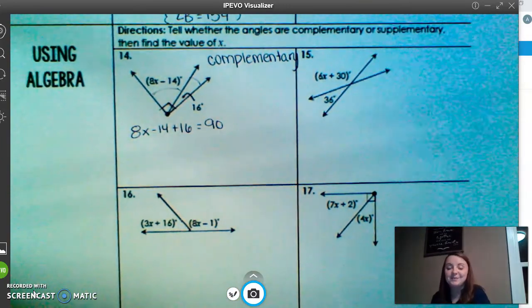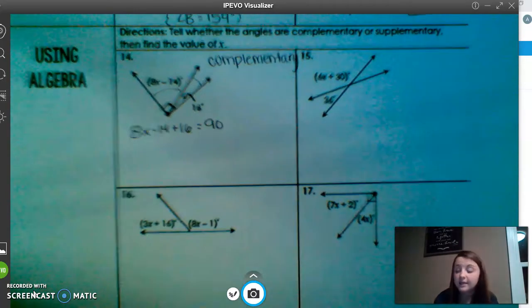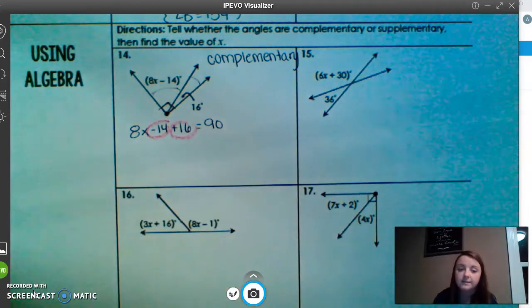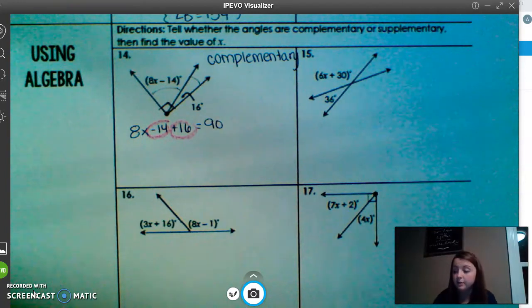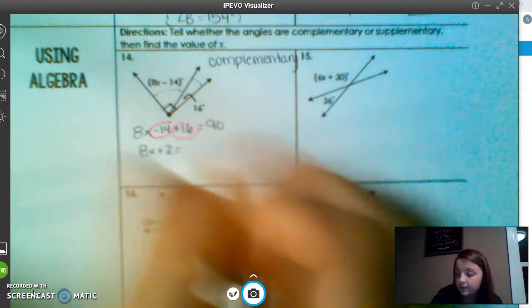This is a multi-step equation. The reason it's multi-step is because on the same side of the equal sign, I have like terms, negative 14 and positive 16. Negative 14 plus 16 is positive 2, so I have to combine those. So it becomes 8x plus 2 equals 90.